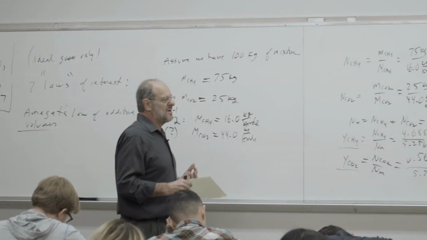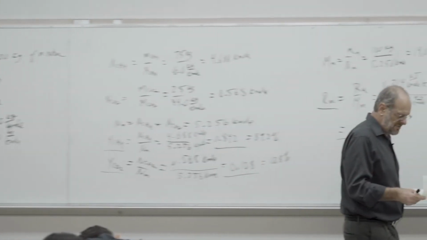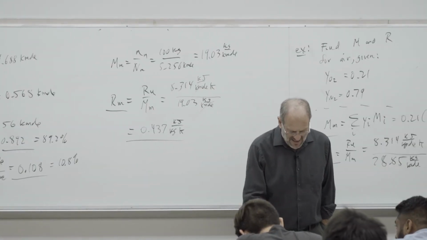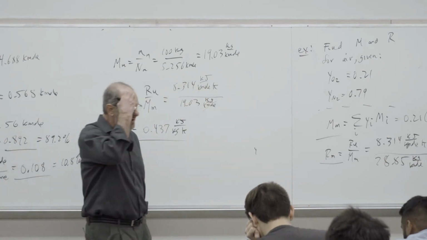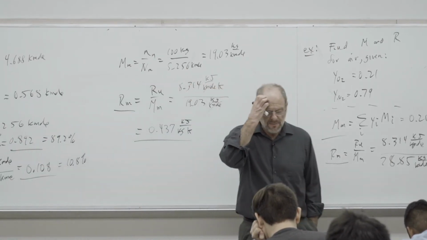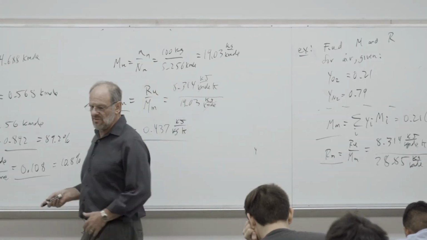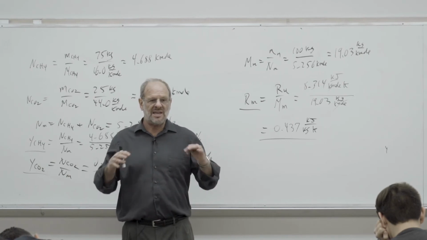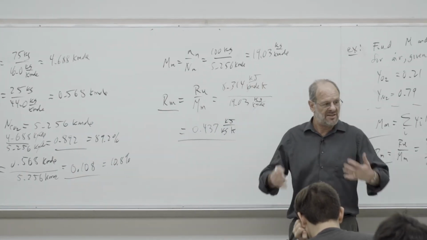What's kind of odd about gas mixtures, and that's really what these two laws are all about, is that when we're trying to find thermodynamic properties for the various components in a mixture, it turns out that some of these properties behave as if they existed alone without the other gases present in that mixture.